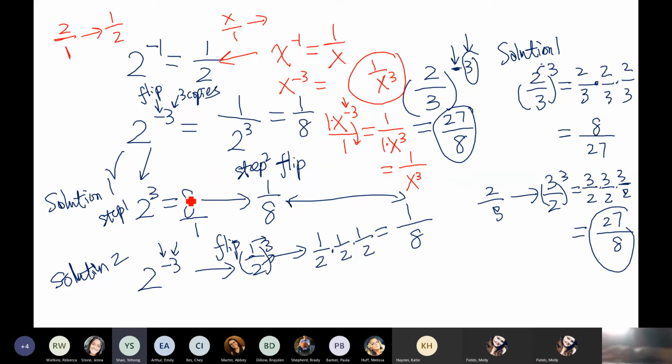Okay, so let me summarize this right here. In general, we know x to the n: if n is positive, we know what this means. It just means x times dot dot dot, n copies. So if n is 3, you will have 3 copies.